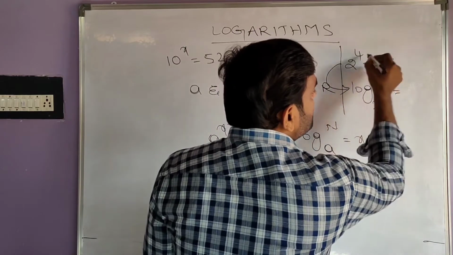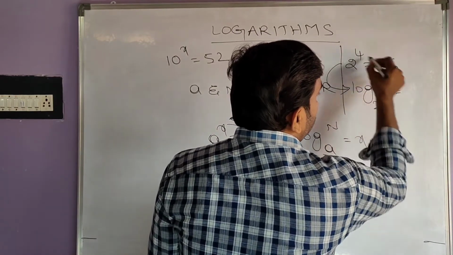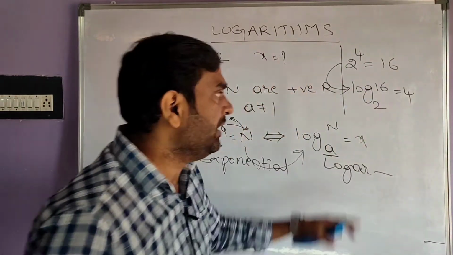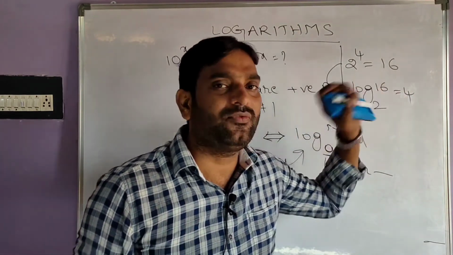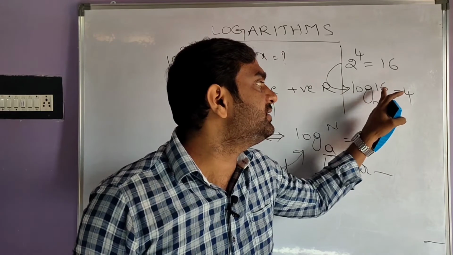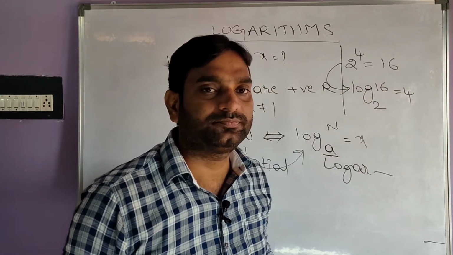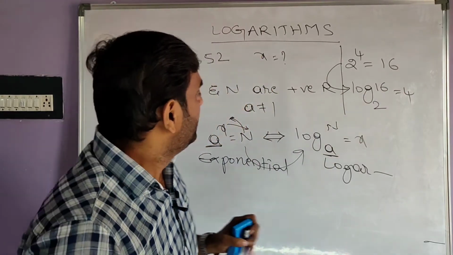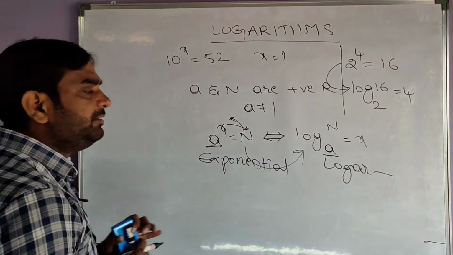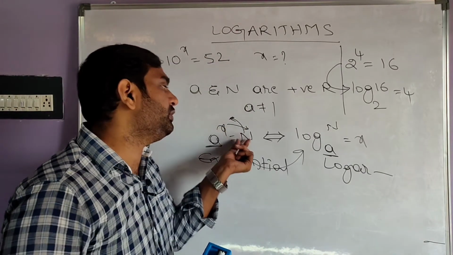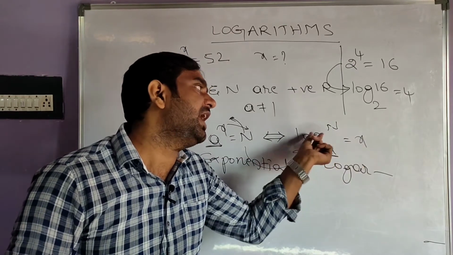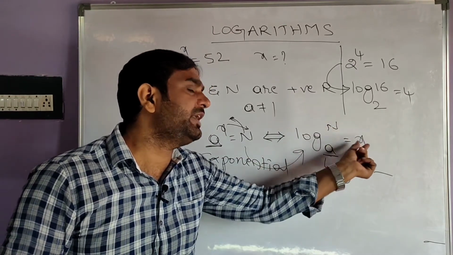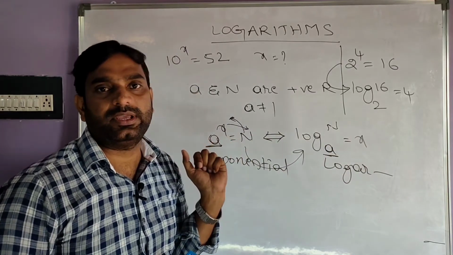These two transform, 16 here, 4 there. Log 16 to the base 2 is equal to 4. This is a general method. Here a power x equal to n implies log n base a equal to x. Vice versa, log n to the base a equal to x, then a power x equal to n.